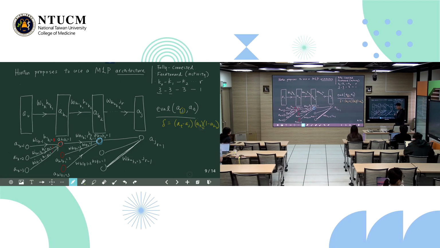That's essentially what I just showed you in the nonlinear case. This eval function, this loss function that we want, essentially is this one. If we use this loss function and integrate it into how we update the weights as a proportion of this loss function, this whole network will be doing gradient descent. That's what Hinton means here.